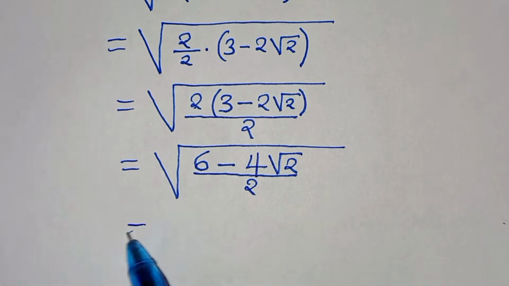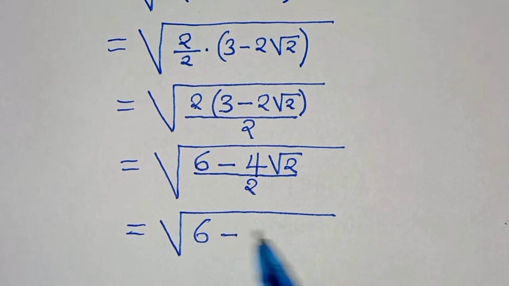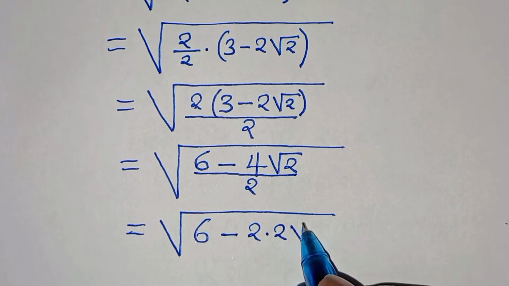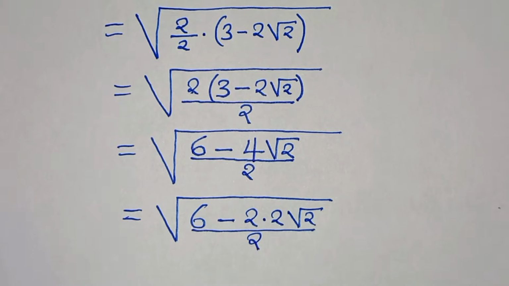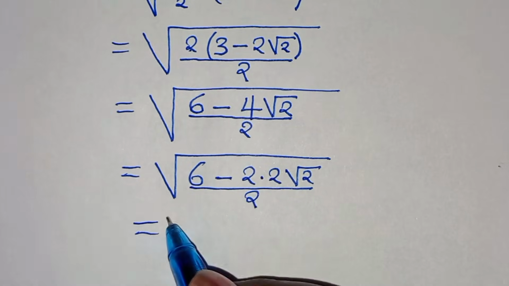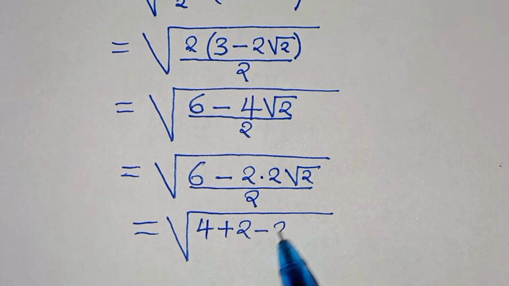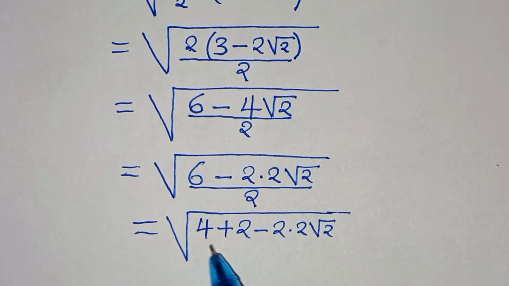So we can express this as the square root of 6 subtract 4, which is 2 multiplied by 2, then square root of 2, everything here divided by 2. Now 6 can be expressed as 4 plus 2, then subtract 2 times 2 multiplied by the square root of 2, everything here divided by 2.